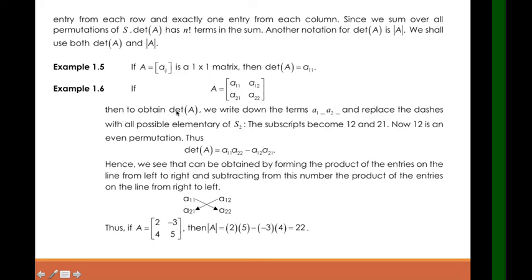Then, to obtain det A, we write down the term A sub 1 dash, A sub 2 dash, and replace the dashes with all possible elements of S sub 2. The subscripts become 12 and 21.